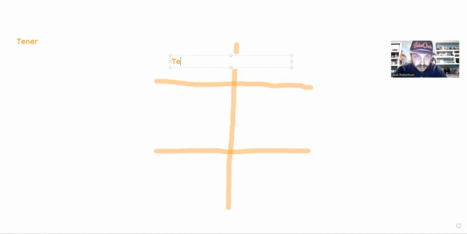Yo tendría. See that? Tú tendrías. Él, ella y usted tendría.